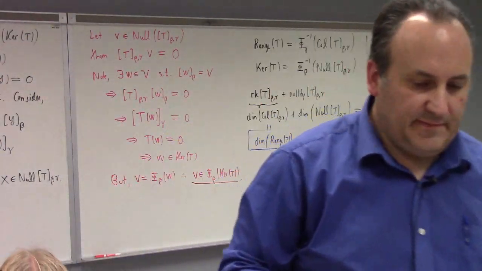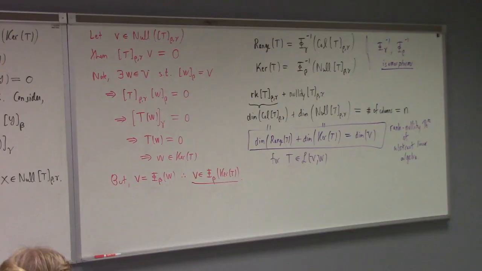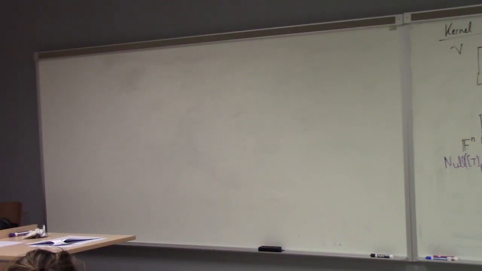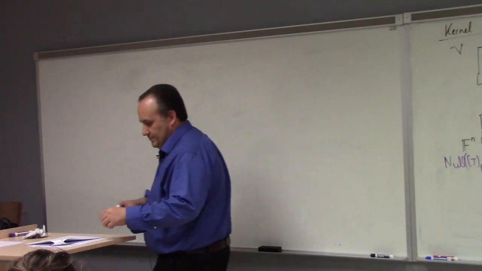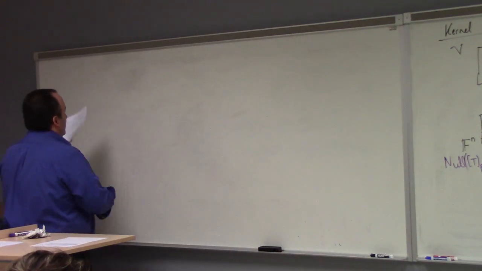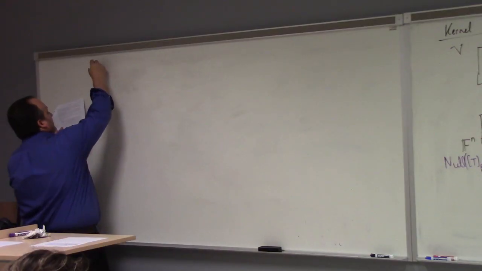You can do that. It's fine. But it's also good to understand how this argument can be framed just in terms of abstract linear independence type arguments. All right, so let me do it. It's a little bit more than the rank nullity. This is what I call the straightening theorem.